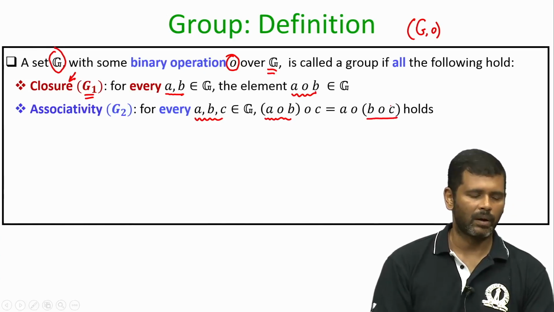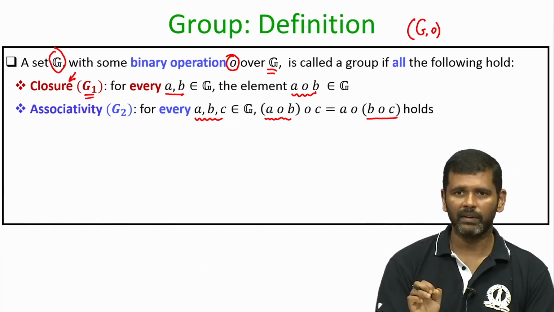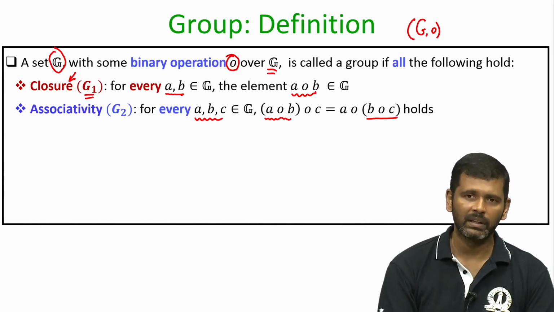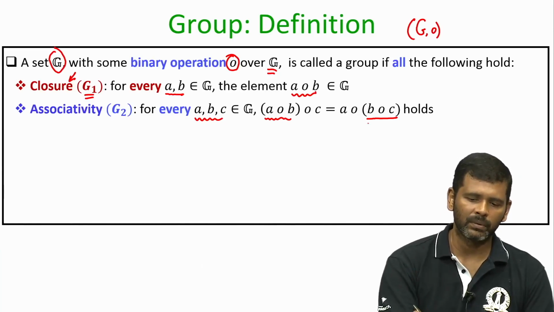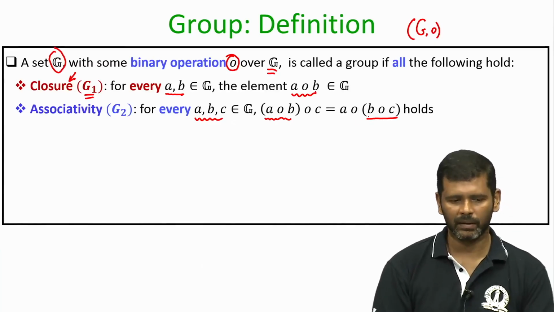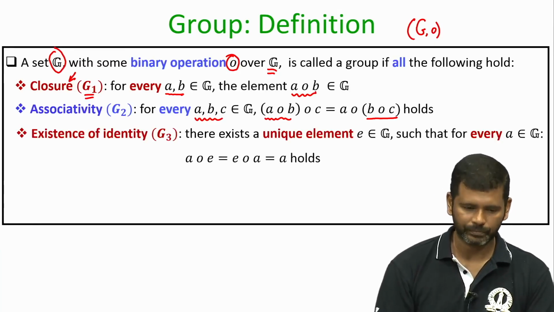You do the operation on b and c first, that will give you an element of the set big G, and then again you perform the operation O on that element and the element a. The result will be the same.